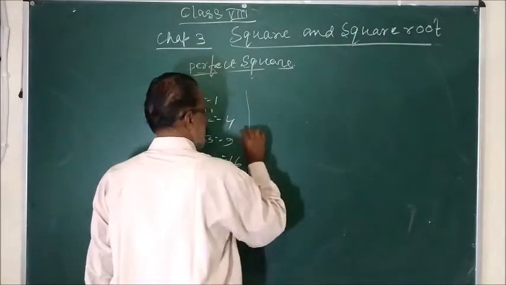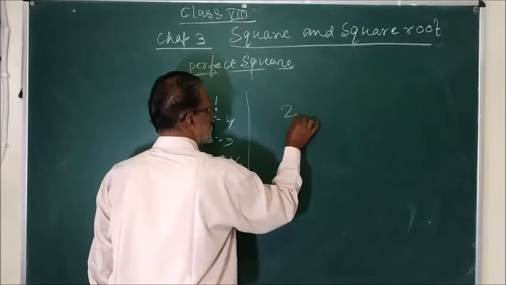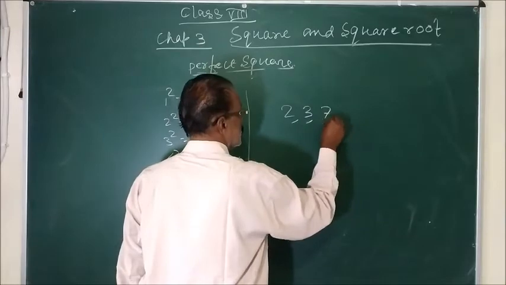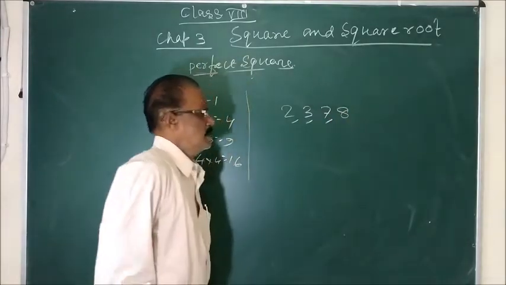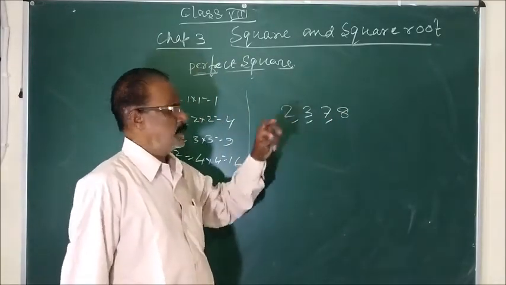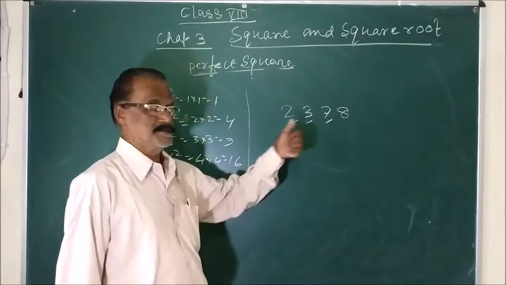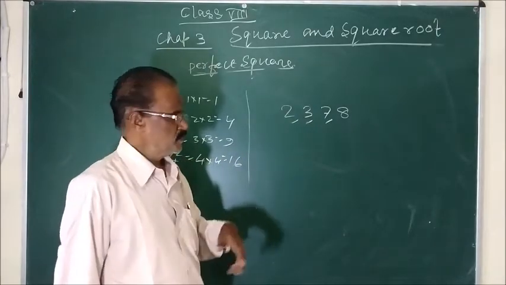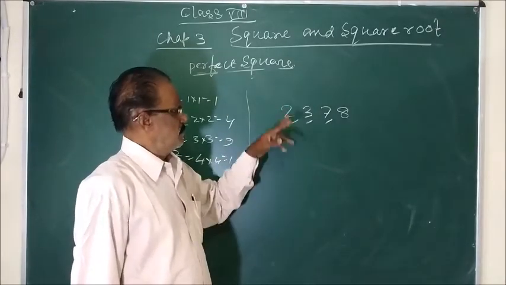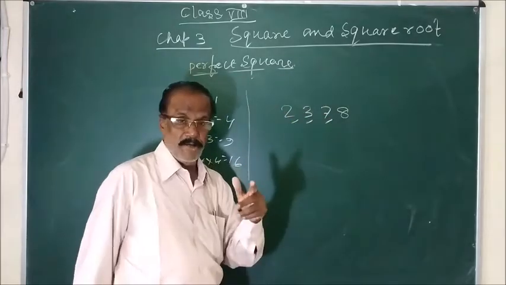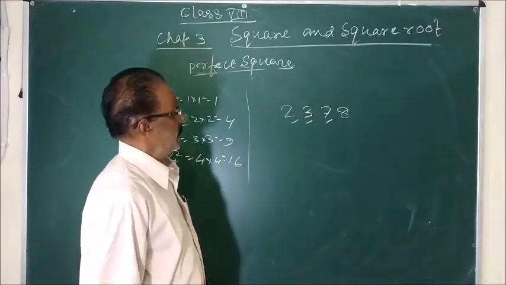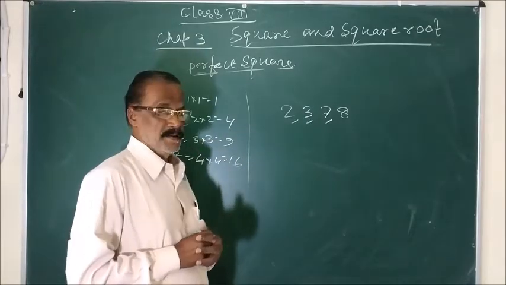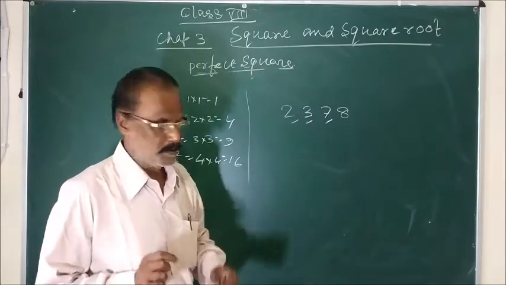If the number ends with the digits 2 or 3 or 7 or 8, if the number ends with these 4 digits, this cannot be a perfect square. So by observing the digits in the ones place, we can easily find out whether the given number is a perfect square or not.